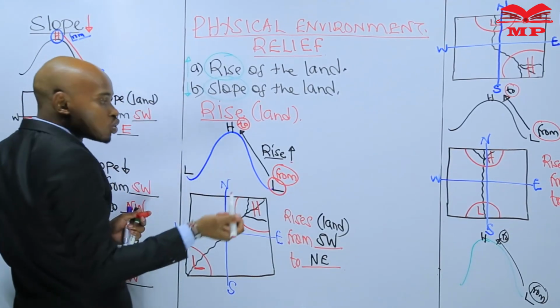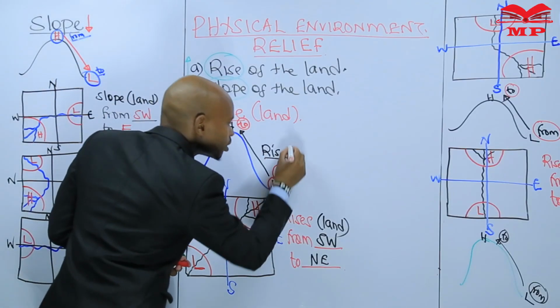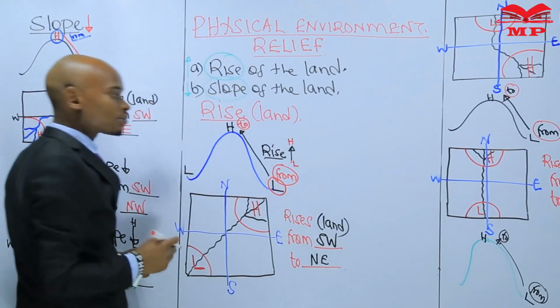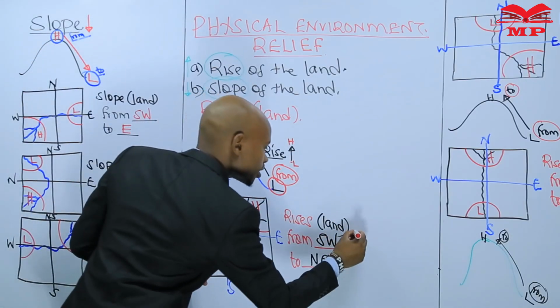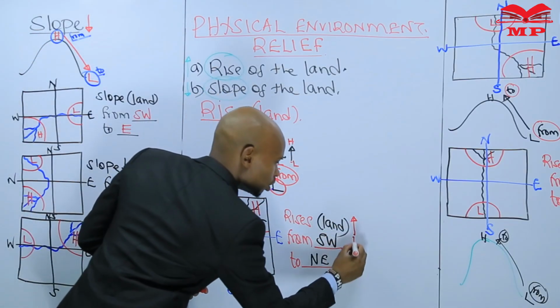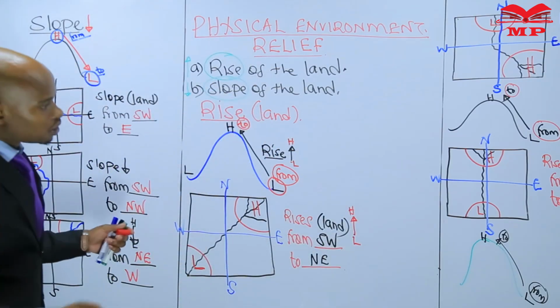So you can even choose to indicate in the arrow that you are rising from lowland to highland. There's no harm. You can even have another one here, rising from lowland to highland. No problem.